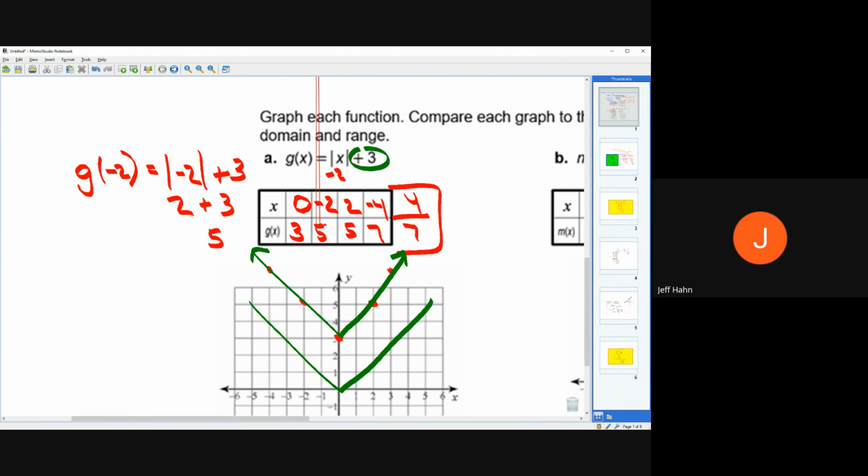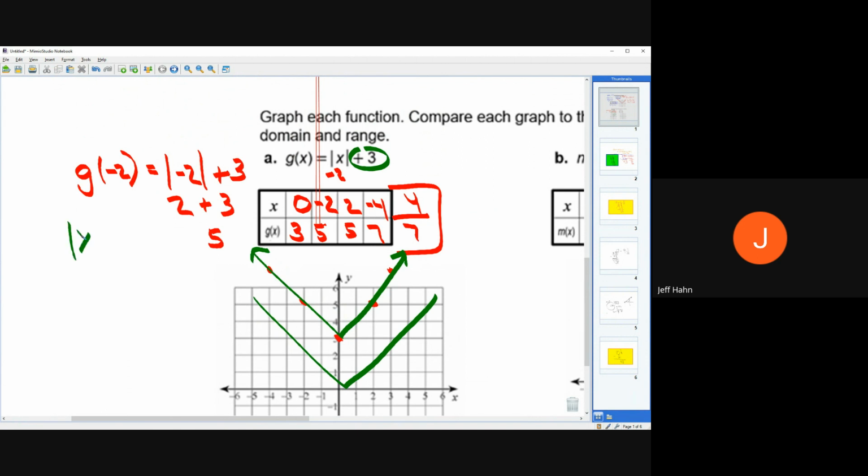Now, why is that important to know, you ask? Because if you understand that small little concept, you won't always have to do the little table thing. Watch, look, learn, and listen here.